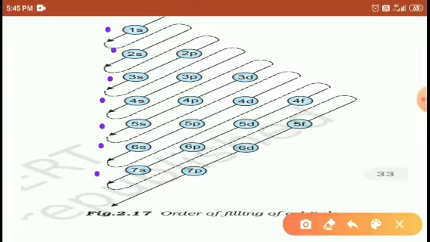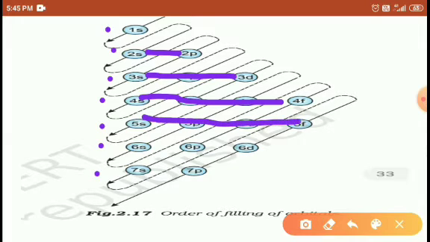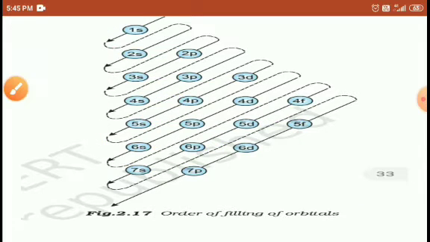Next, orbitals of the same energy are kept in the same row, as we discussed yesterday. 2s and 2p have the same energy, so they are in the same row. 3s, 3p, 3d are in the same row because the energy is the same. Likewise 4s, 4p, 4d; 5s, 5p, 5d; 6s, 6p, 6d; and 7s, 7p are kept in the same row because of the same energy, right students?